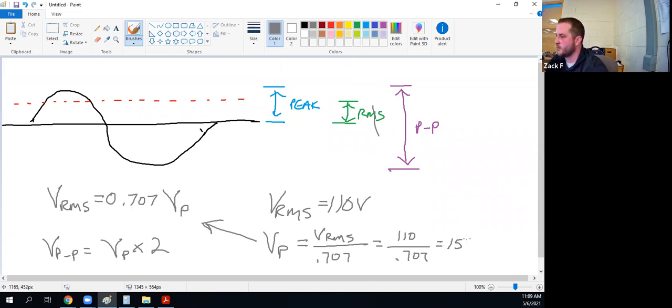What was it though, 155 point what? 155.5.